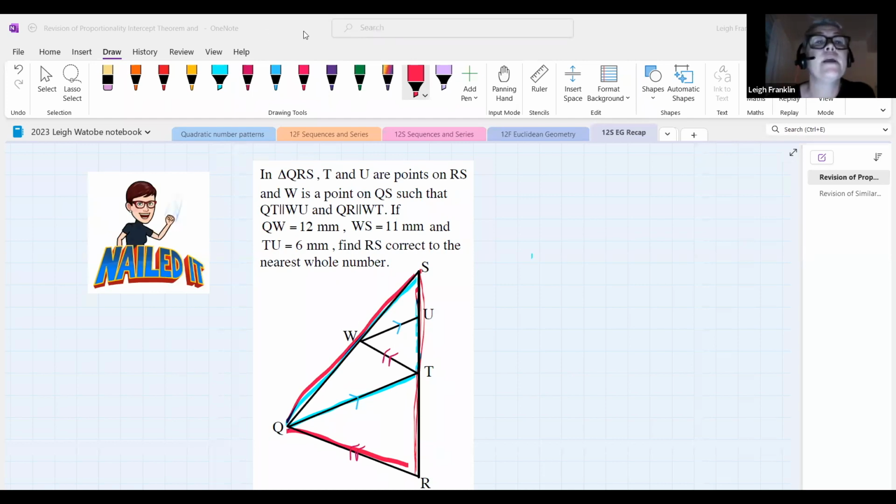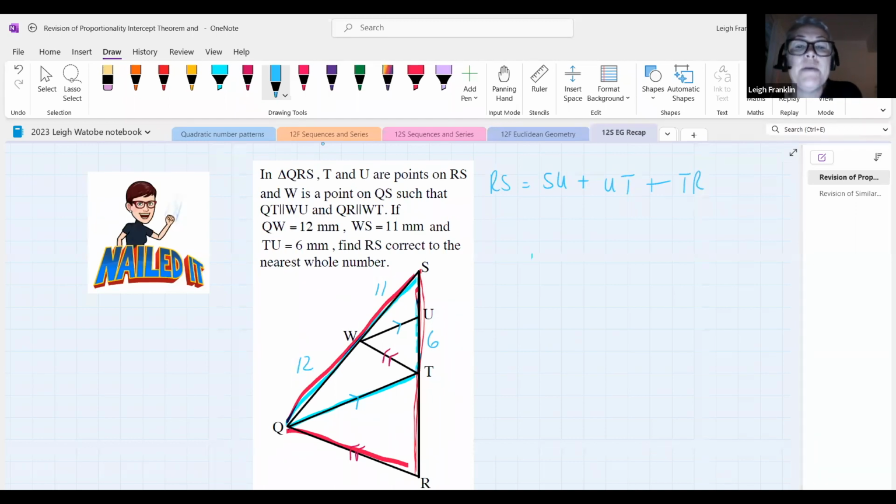Let's put in the lengths of the sides that they have given us. They've told us that QW is 12, WS is 11, TU is 6, and they want us to calculate the length of RS. What we can see is that RS is made up of SU plus UT plus TR.